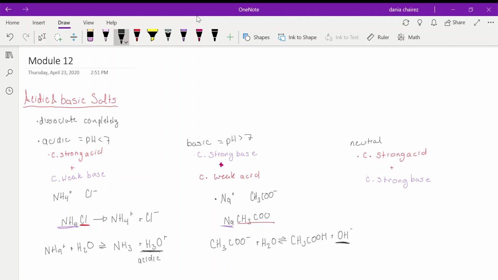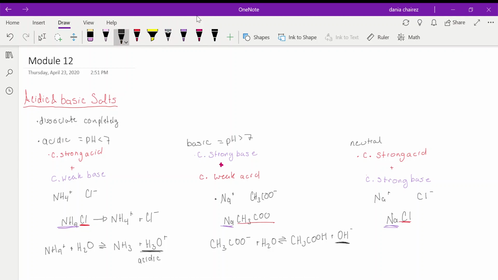And then a neutral salt, so Na from sodium hydroxide, Cl from hydrochloric acid. We have our salt, NaCl, strong base, strong acid.